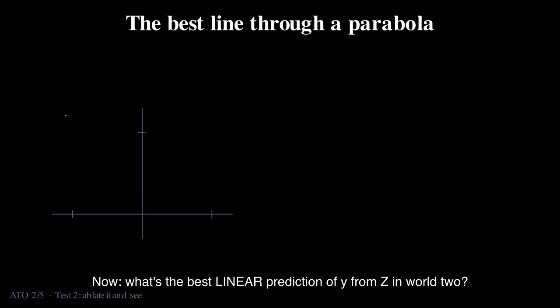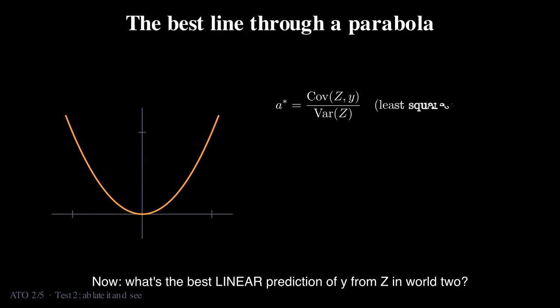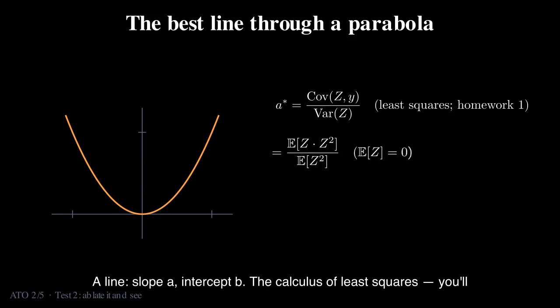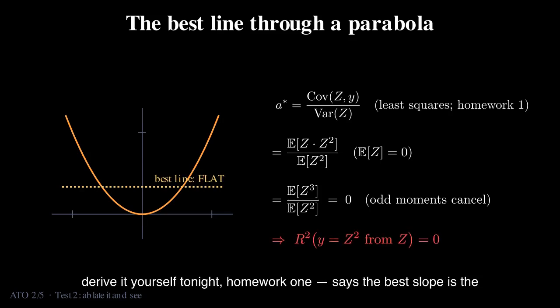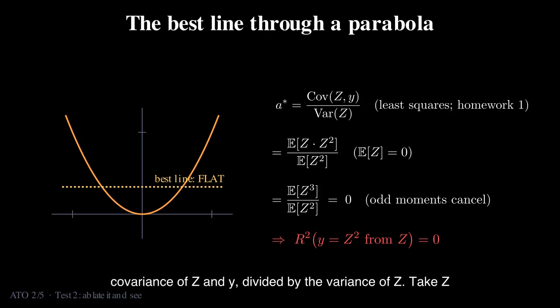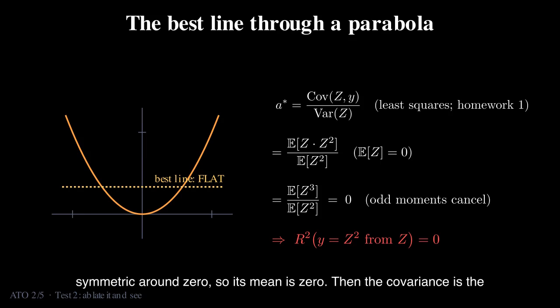Now, what's the best linear prediction of Y from Z in world 2? A line, slope A, intercept B. The calculus of least squares, you'll derive it yourself tonight. Homework 1 says the best slope is the covariance of z and y divided by the variance of z. Take z symmetric around 0, so its mean is 0.